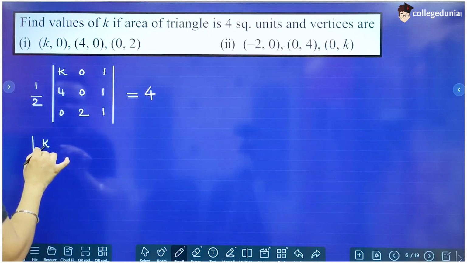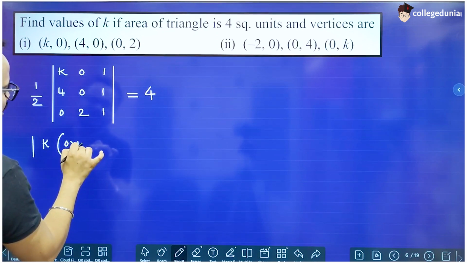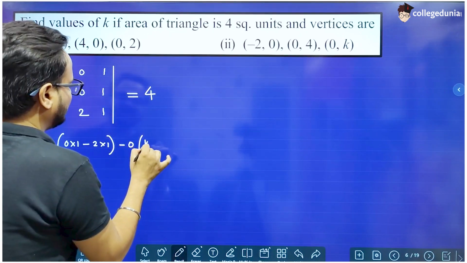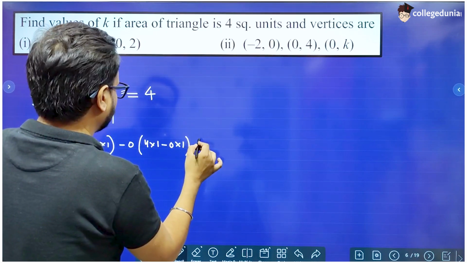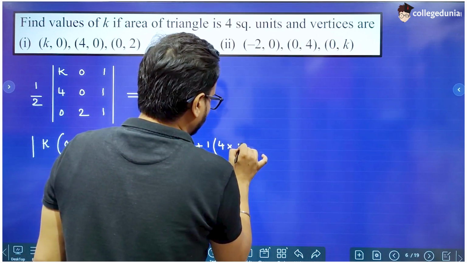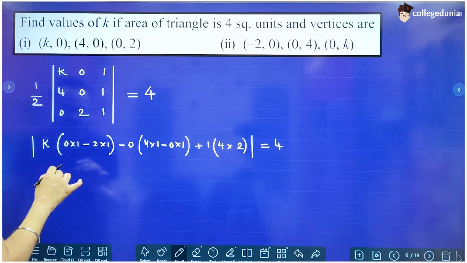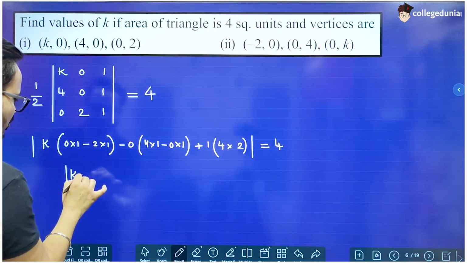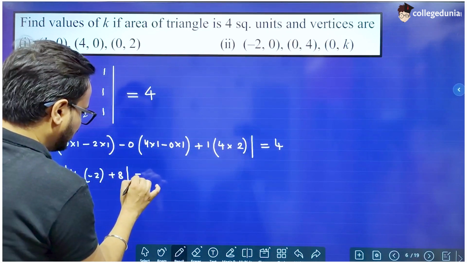So we will expand this using the first row. 0 into 1 minus 2 into 1 minus 0, whatever is inside, let's write it once. 4 into 1 minus 0 into 1, that whole will be 0, plus, and the third one is 1, 4 into 2 minus 0, sorry, equal to 4. So this is 0 minus 2k, this whole is 0, and this is plus 8, equal to 4.